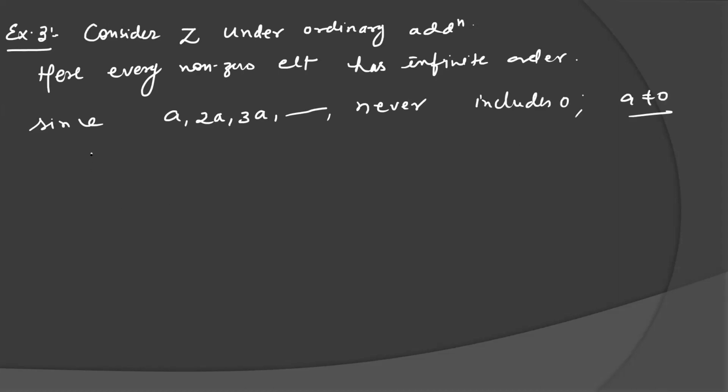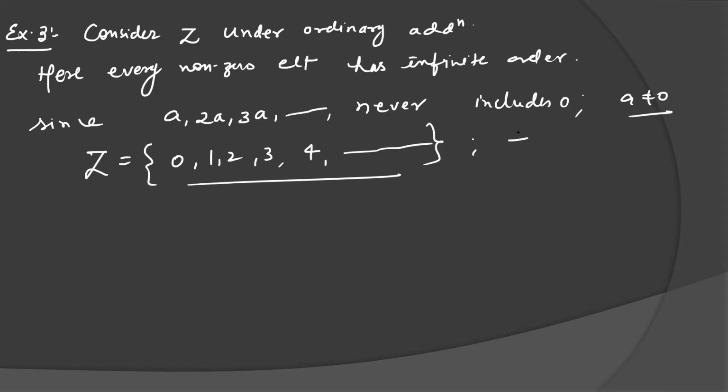What is the meaning? If we take the set of integers 1, 2, 3, 4, 5 and so on, in that case, the operation is addition. The identity element is 0, because a plus e equal to a, then e will be 0.